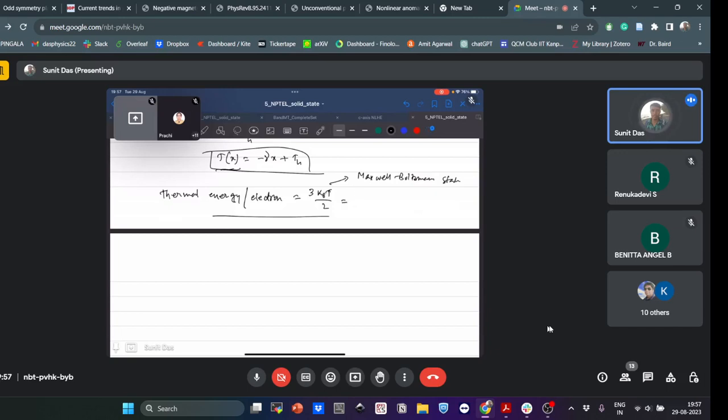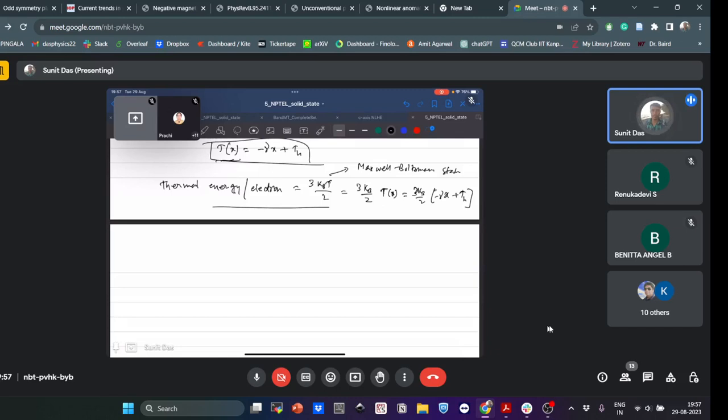In our case the temperature is position dependent. So this will be E of x, which is 3 kB by 2 times minus gamma x plus Th.